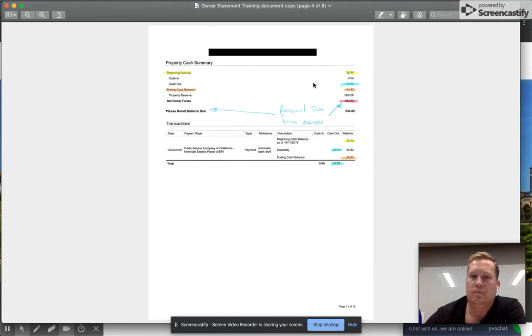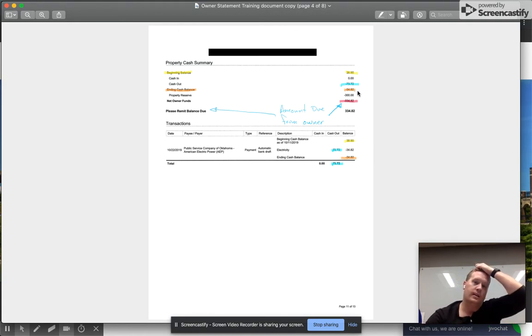Here's a slightly more complicated example. This starting balance was $38.50, which matches here. The cash out was $73.72, which was an electric bill paid on behalf of the owner. So that left a cash balance of negative $34.82.